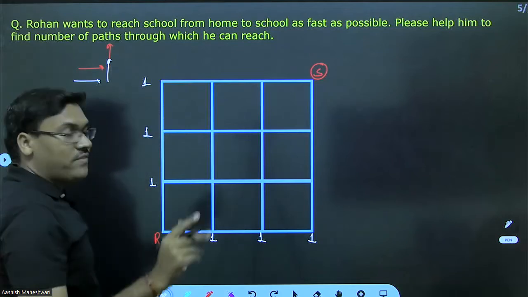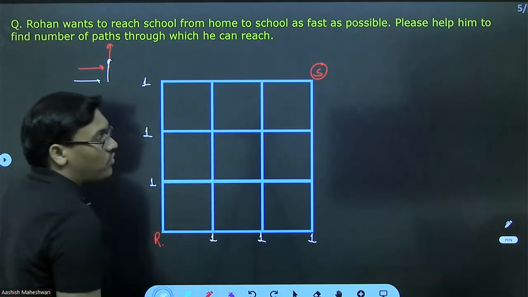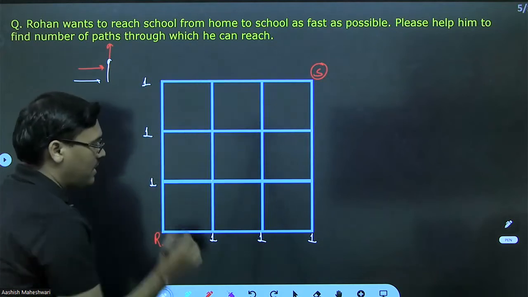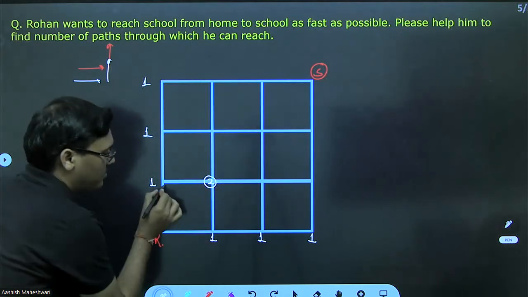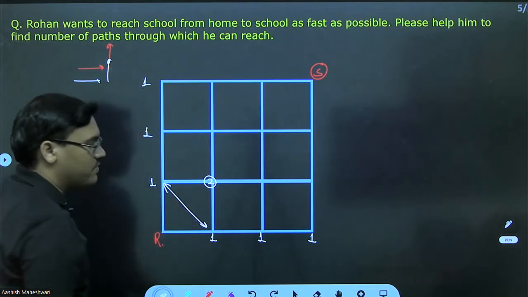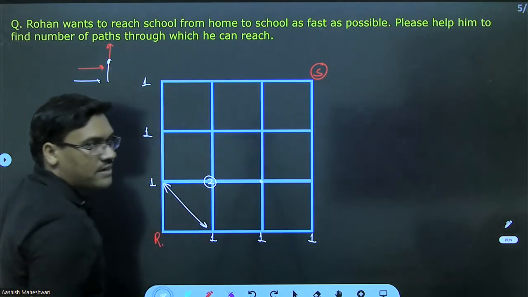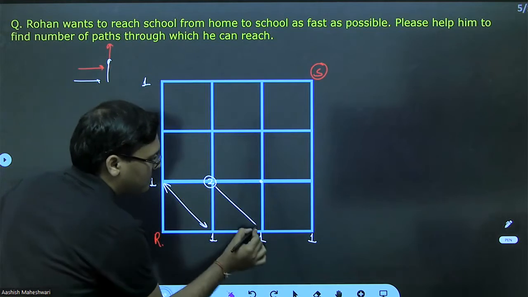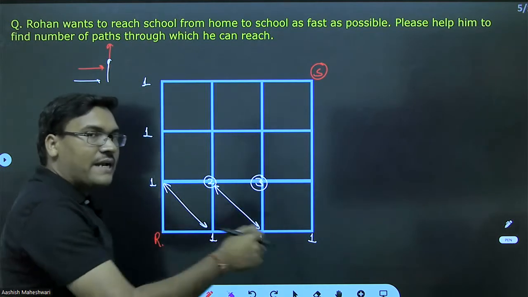Now, in how many ways this person Rohan can reach to this? I want to reach to S, right? So you can see I can reach in two ways, which is 1 plus 1. This is 1 plus 1. Now, in how many ways this person can reach here? This is 3 ways. The condition is he is moving only right and up.